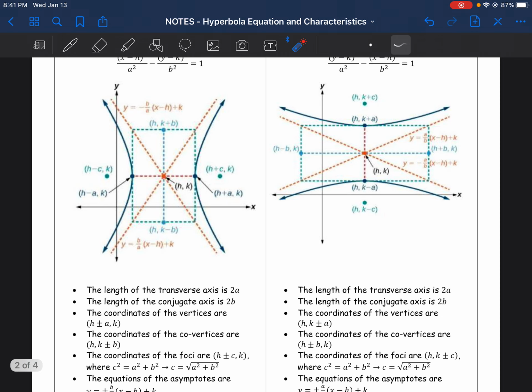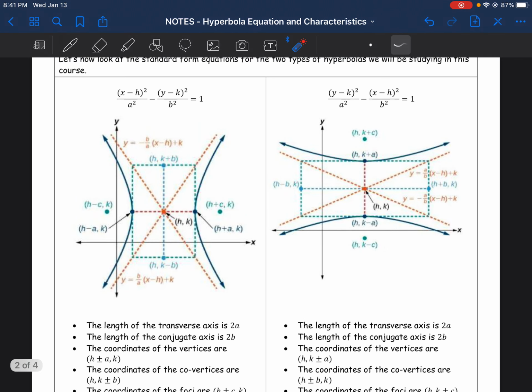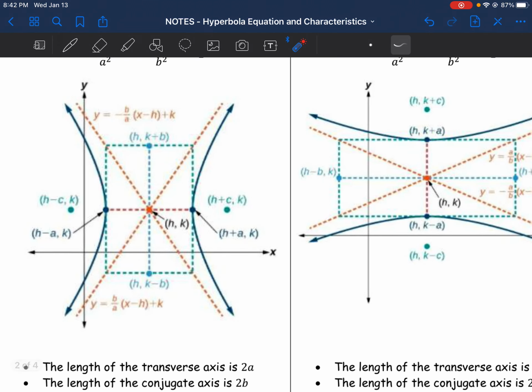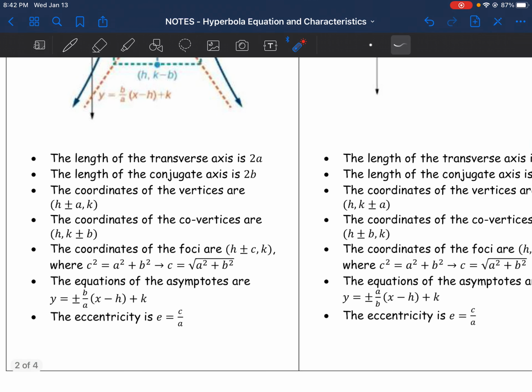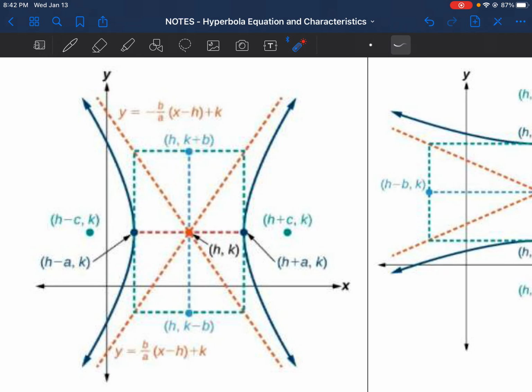But just like with ellipses, we have a set of formulas for the different types of hyperbolas. So let's say that we're dealing with a hyperbola that opens left or right. Then we have a set of formulas right here that can help us find all the different coordinates that we're worried about. Remember, the transverse axis is the axis that connects the vertices, and the vertices are the actual points on the hyperbola.